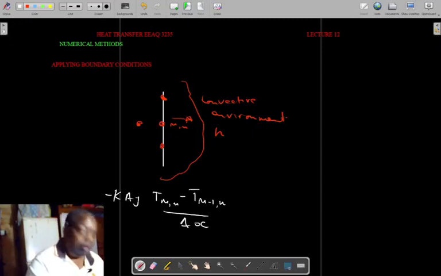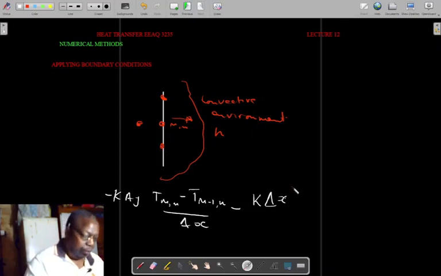So minus K delta X. This time we're talking about either that movement or that movement. And we said that the heat transfer by conduction between these two nodes will be shared equally, half this way and half that way.